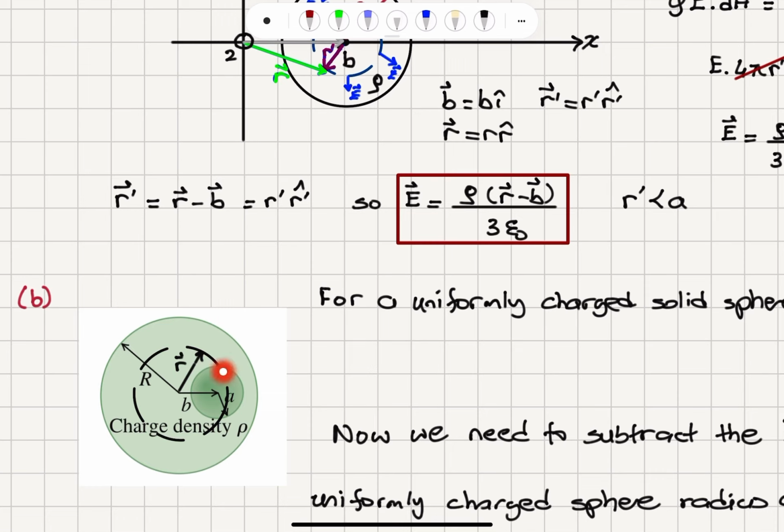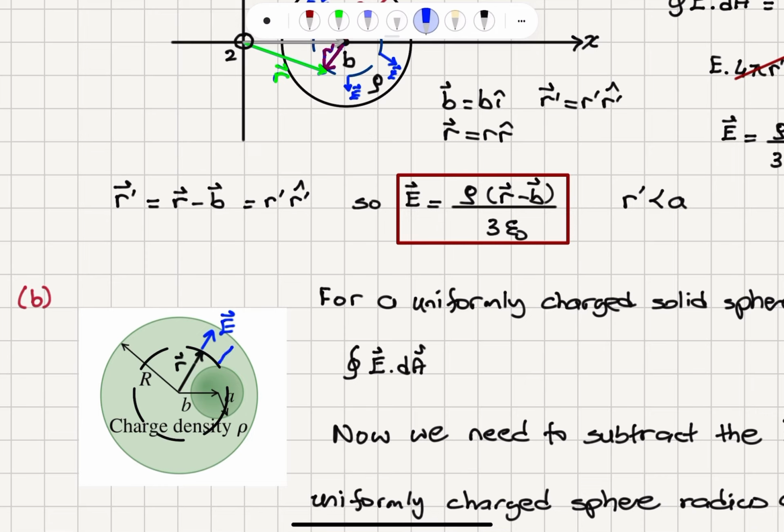We can take a Gaussian sphere with radius r inside, and using the same principle as in part A, in the closed surface integral of E dot dA, the area vector pointing radially outward will be parallel to the electric field vector.